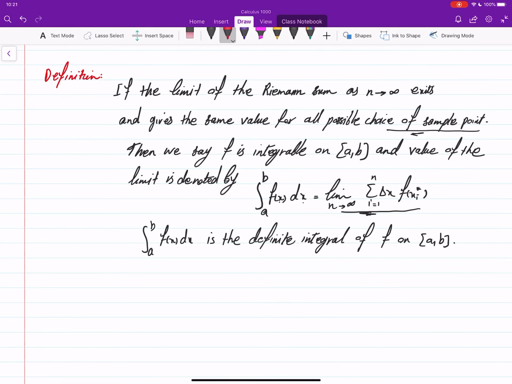In this notation, you have to know a little bit more details. We have, first of all, two limits. This one is called the lower limit. This one is called the upper limit of the integral.